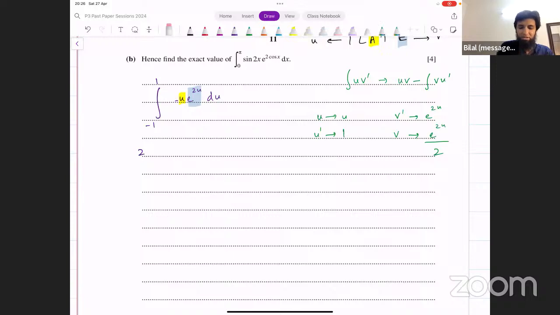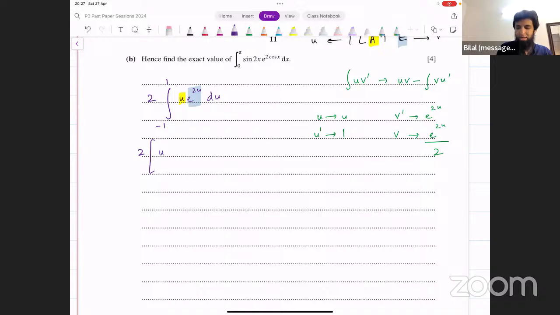You have to do that in this step already. 2 is just a constant multiplying. It's okay to write that outside the integral like that. So I've just written that 2 outside. And I'm just focusing on integrating u and e power 2u. Okay? Now let's apply that rule. What does that rule say? uv minus integral of vu dash. Okay, so u remains as it is.